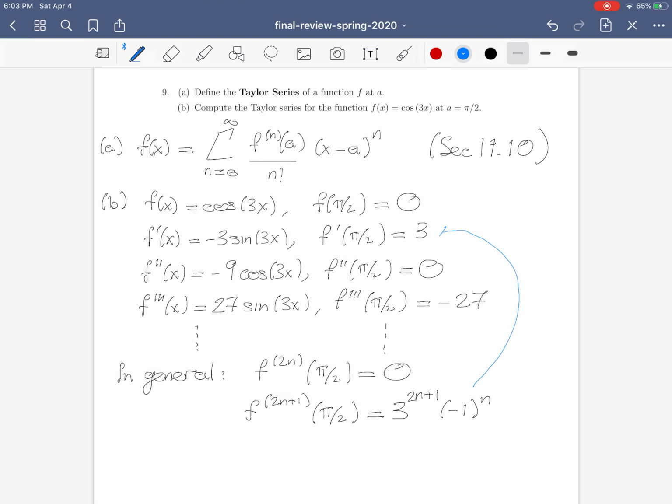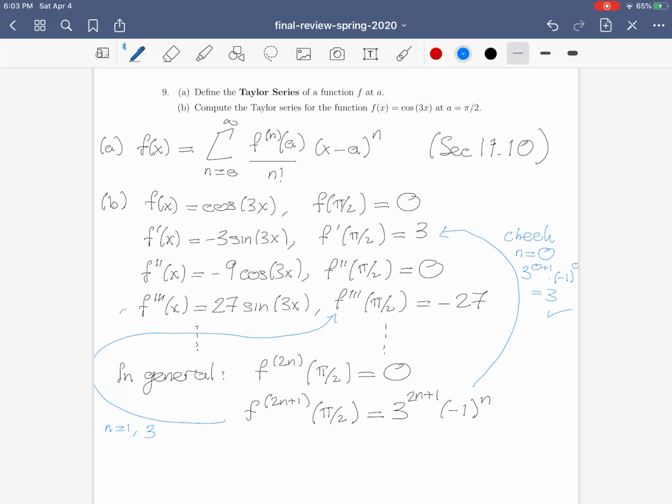Let's just do a little check. So if we go back to here, this is the case where n is equal to 0. So I get 3 to the 0 plus 1 times negative 1 to the 0, which is equal to 3, which is correct. And here, this is when n is equal to 1.